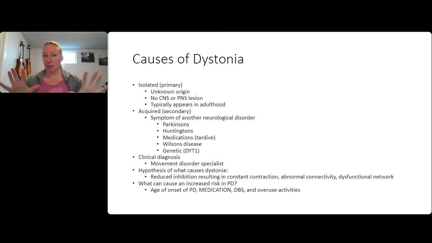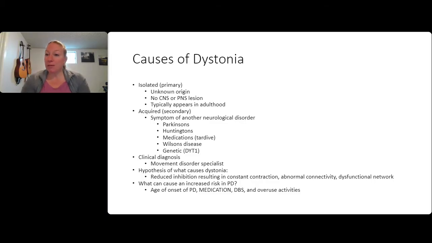They don't have any other diagnosis, and it's a clinical diagnosis. They would look to see if there's any other central nervous system or peripheral nervous system lesion. And if those are negative, and this typically would appear in adulthood, then we may just have a cervical dystonia, or maybe a focal dystonia, like a runner's dystonia or something like that.